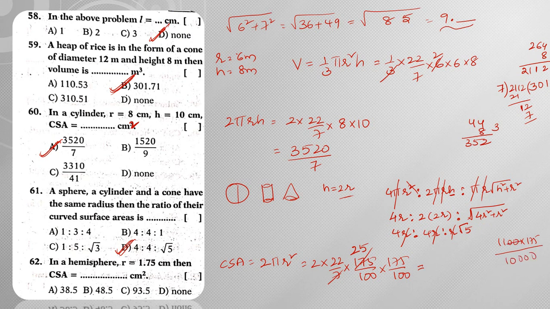So two zeros will be cancelled. So 175 into 11. Again I need to multiply this. So 175, 175: 5, 7 plus 5 is 12, 7 plus 2 is 9. So 1925 by 100, which is nothing but 19.25.